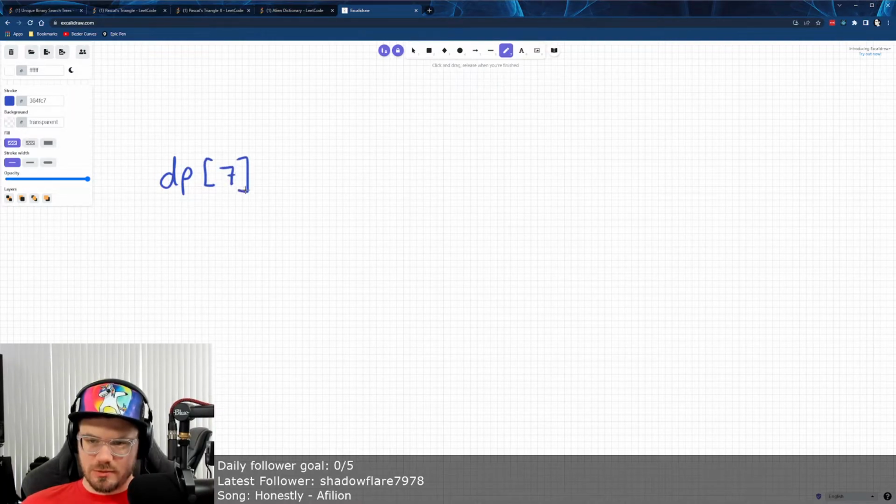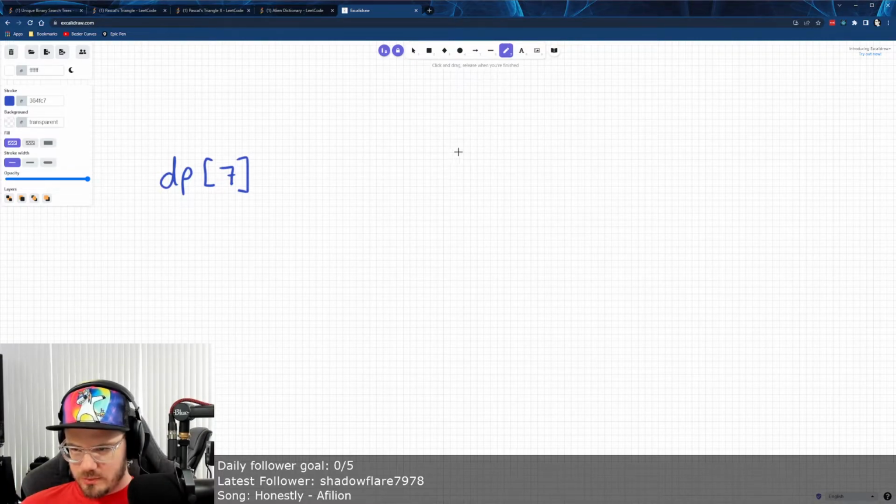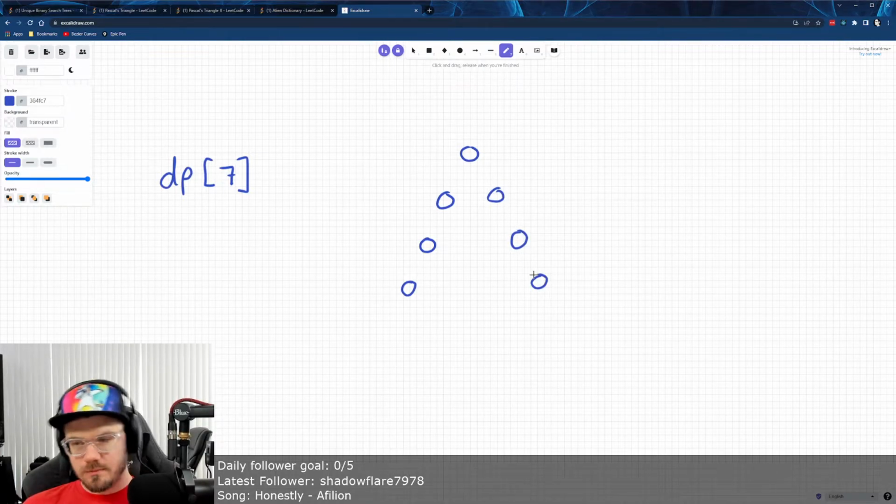We need to make sure that our answer includes things like this. So for dp of 7, we can take all of the dp of 3's and put them on the left child, and we can take all the dp of 3's and put them as the right child.